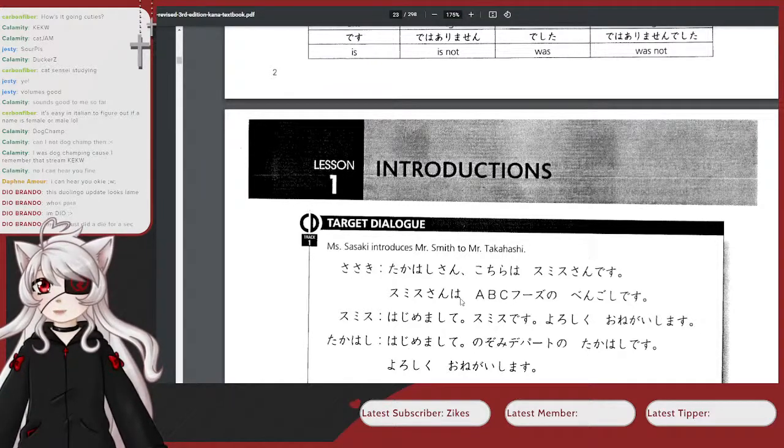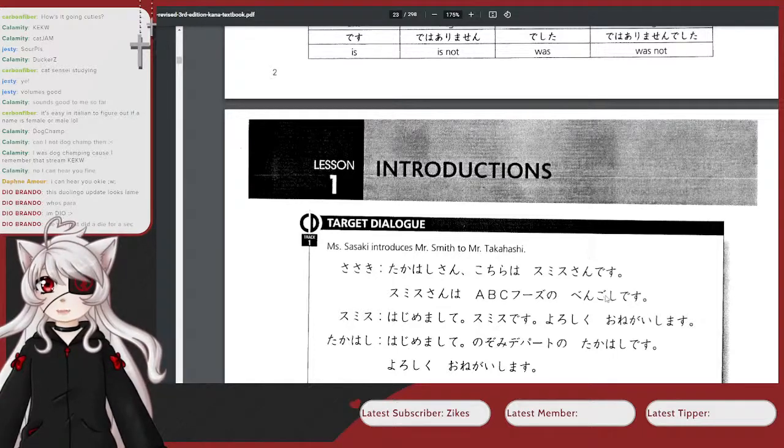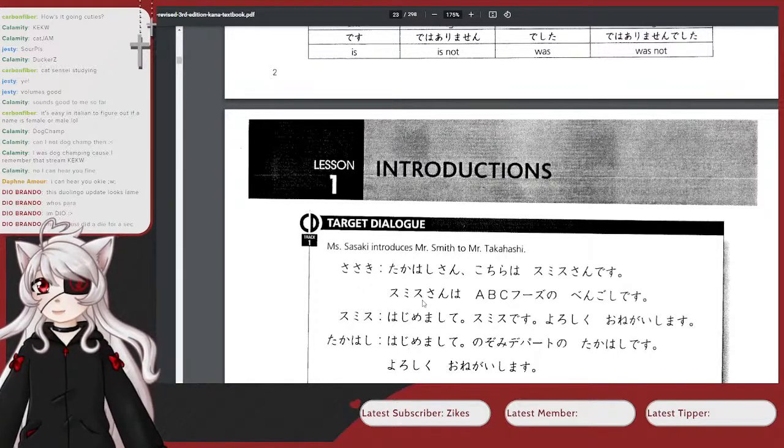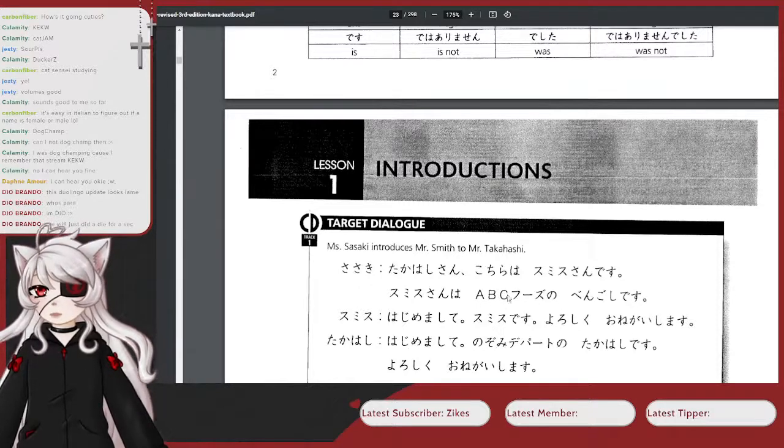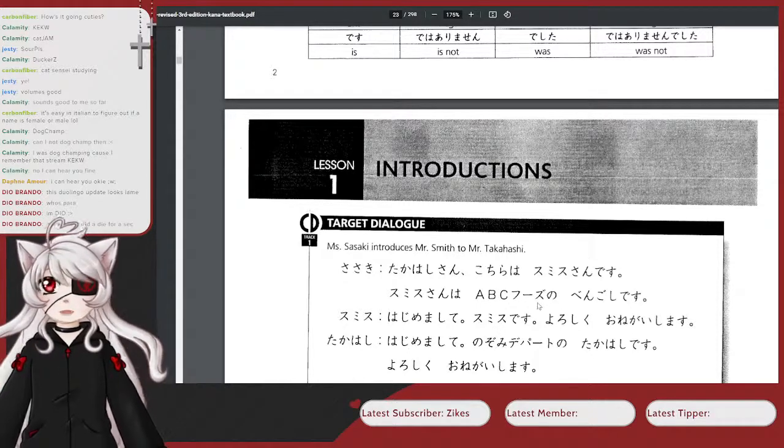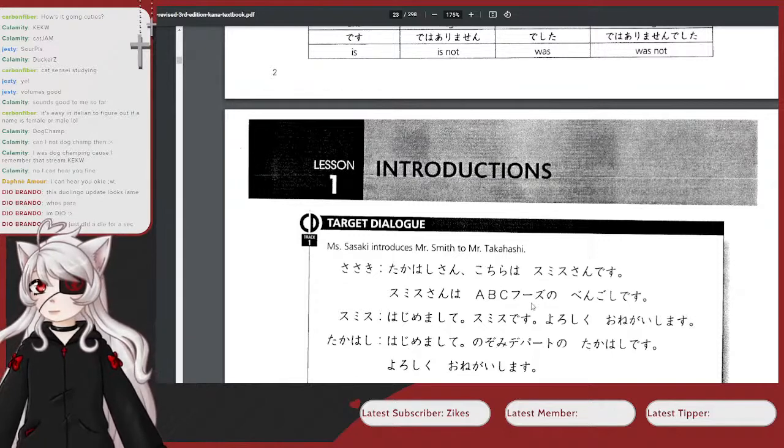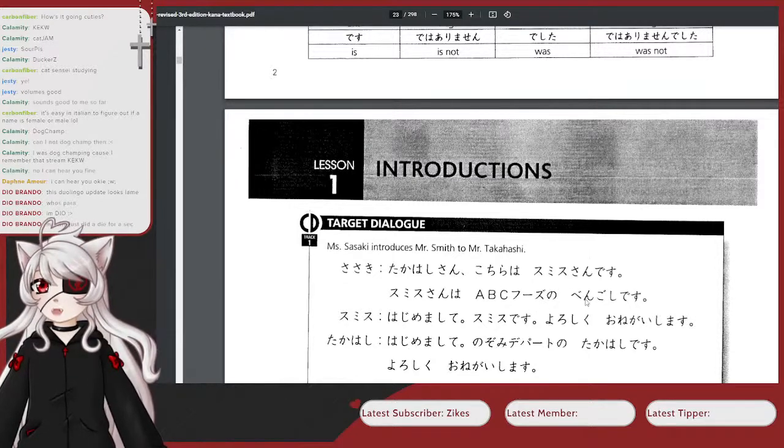Smith-san wa ABC Foods no bengoshi desu. Now ABC Foods is a company, and he is the attorney of ABC Foods.